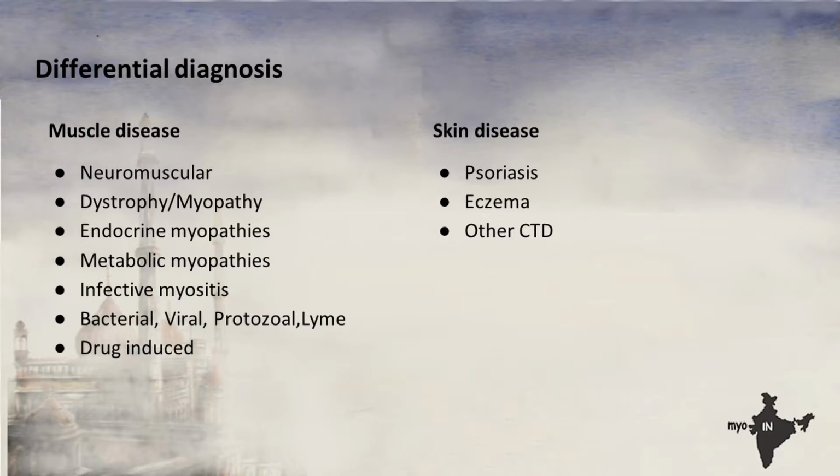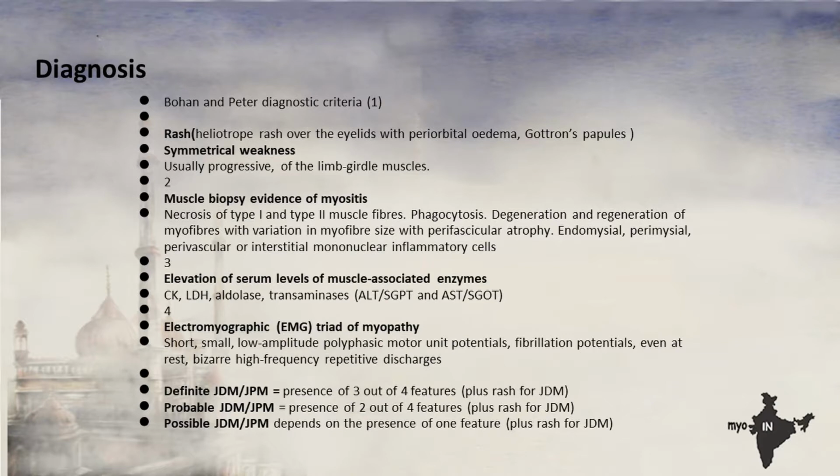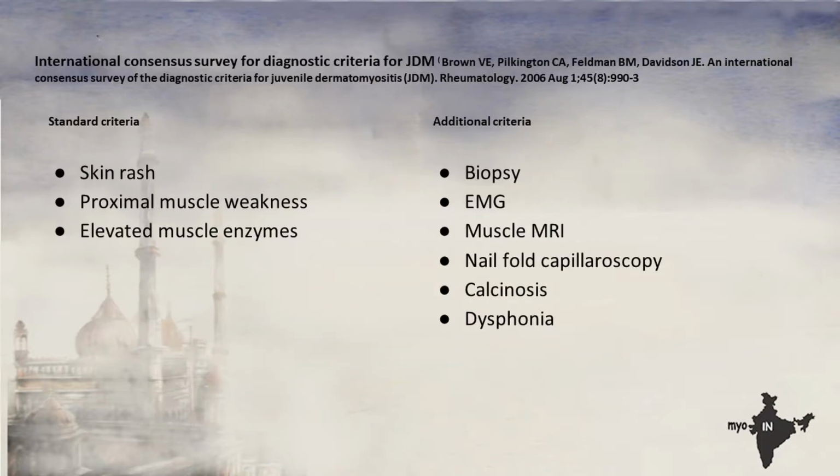The differential diagnosis we've dealt with, and it's all other conditions that cause myopathies. And the diagnosis, again, the Bohan and Peter criteria. What has happened over time is a significant reduction in needing to do muscle biopsy in these patients with the advent of MRI, and certainly a reduction in the need to do EMGs for the same reason.